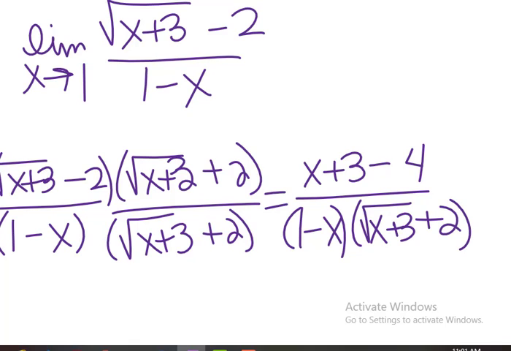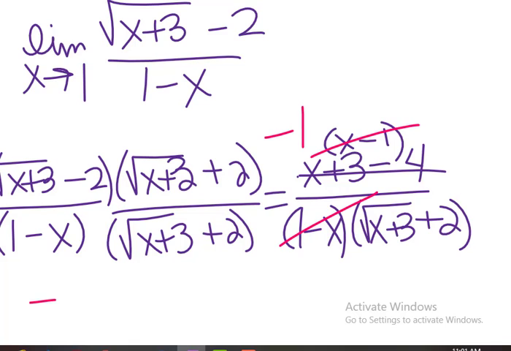After a little simplification, you'll see that this x plus 3 minus 4 is equal to x minus 1. Now, since I have an x minus 1 in the numerator and a 1 minus x in the denominator, they are opposites. And when you cancel opposites, you end up with a negative 1. So now what I have is a negative 1 divided by the square root of x plus 3 plus 2.